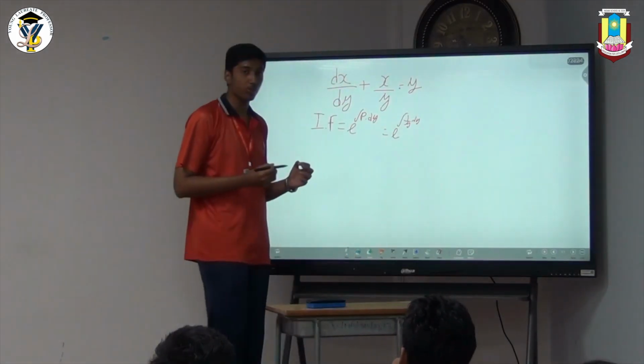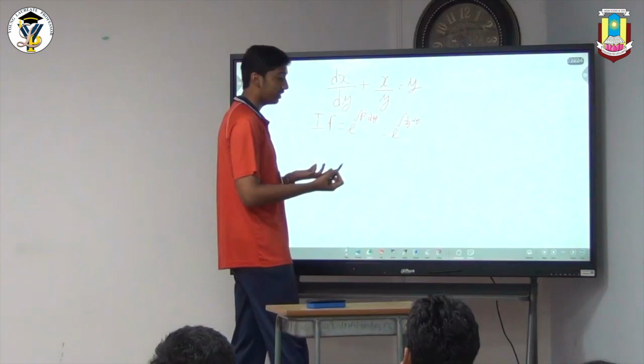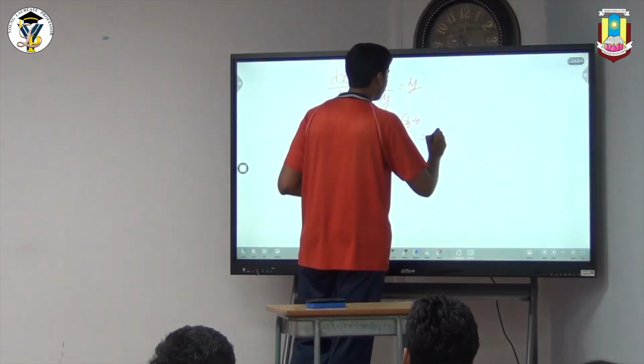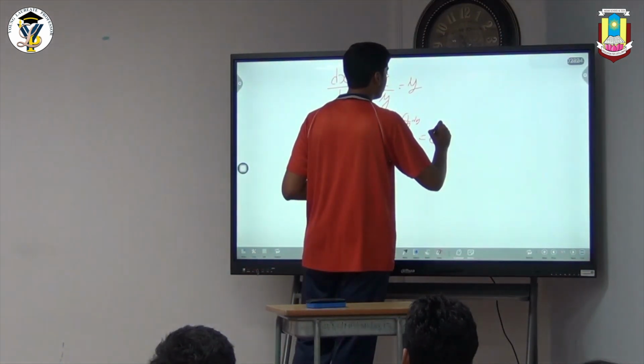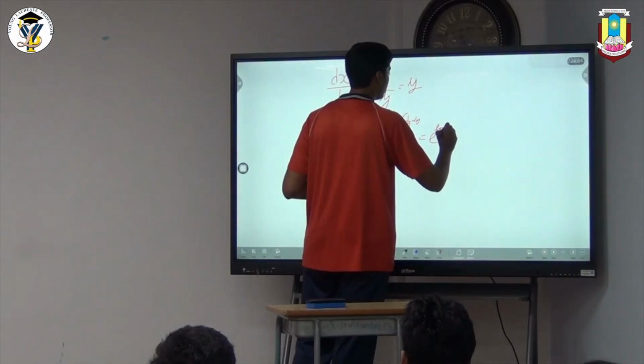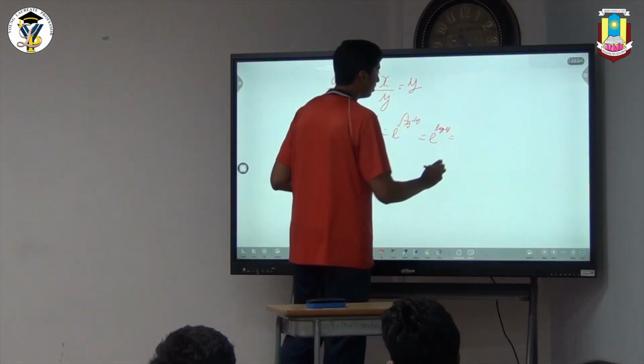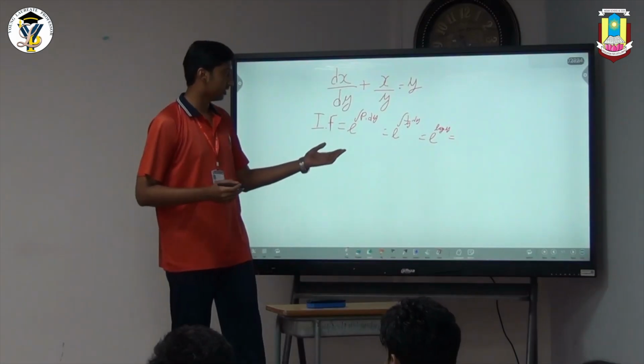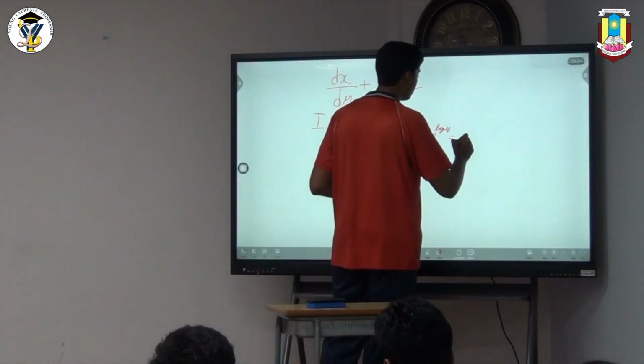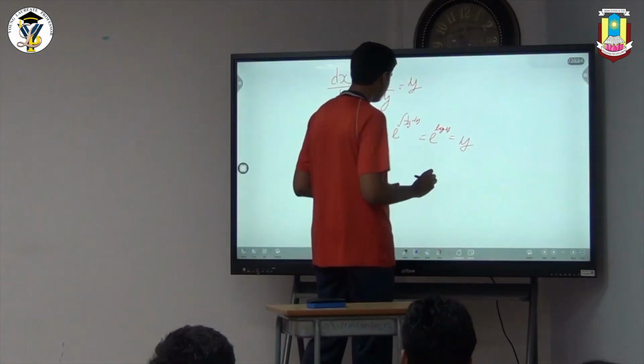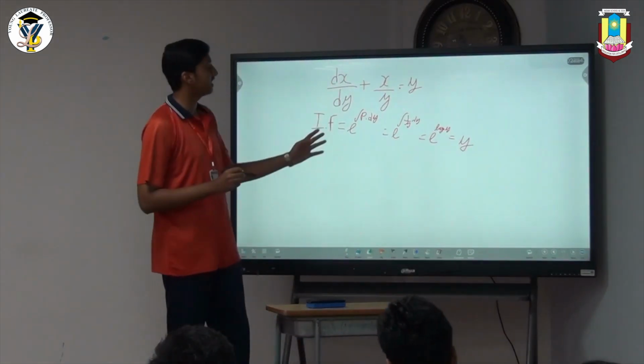We know the integral of 1 by y is ln y, the natural logarithm of y, and from the law of logarithms we can simplify it further to y itself. We got the integrating factor as y.